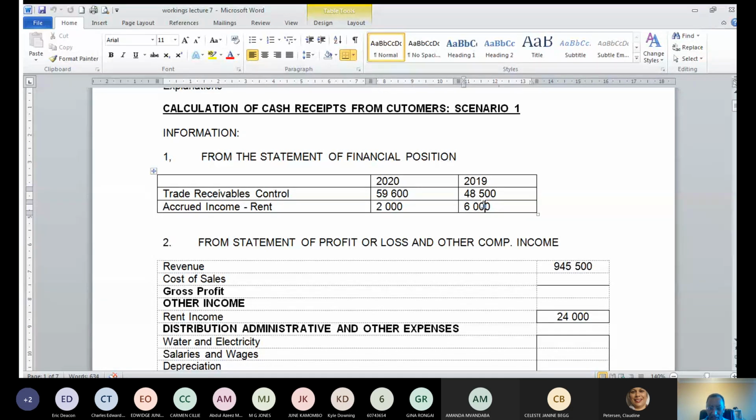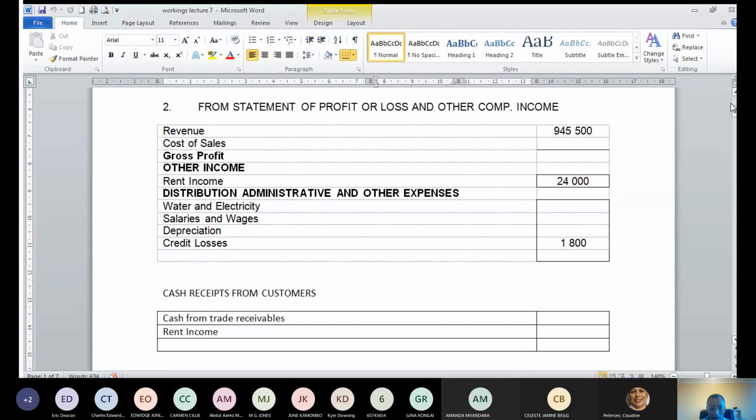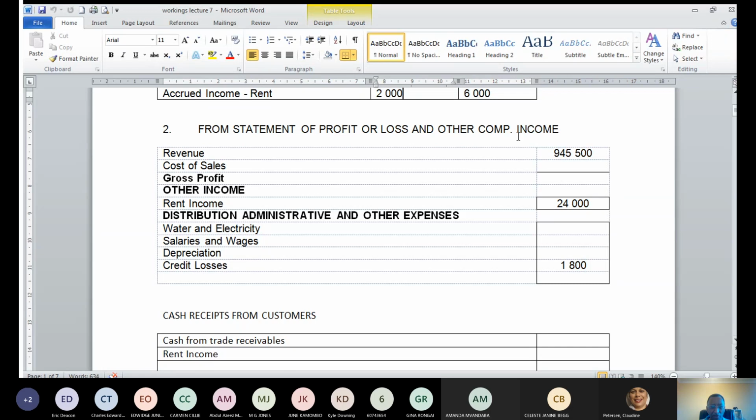Accrued income for rent was 6,000 and 2,000 respectively. The information from your statement of profit or loss and other comprehensive income is the revenue of 945,500, which is your sales, whether cash or credit sales does not matter. We have rent income of 24,000, and, sorry, not depreciation, your credit losses for the year amounted to 1,800.